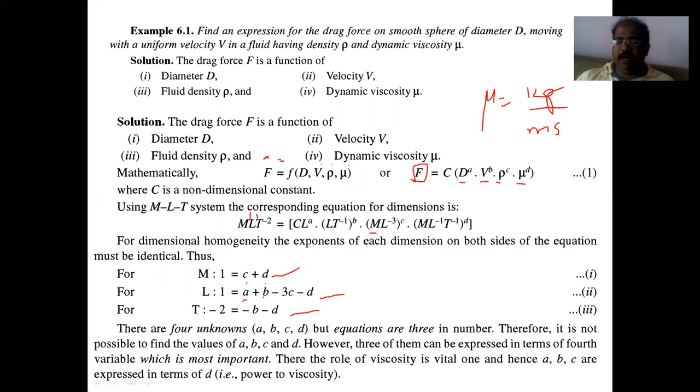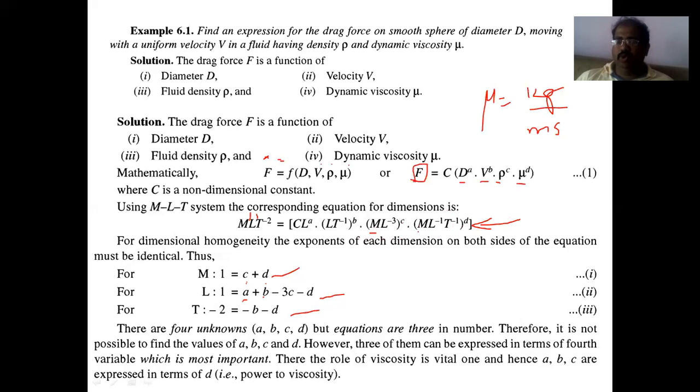The role of viscosity is a vital one, and hence a, b, and c are expressed in terms of d, the power of viscosity. When you find the basic equations, you have to judge which unit depends on the others.